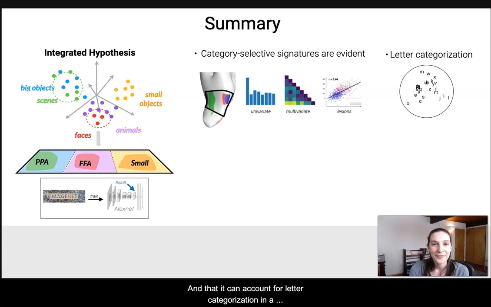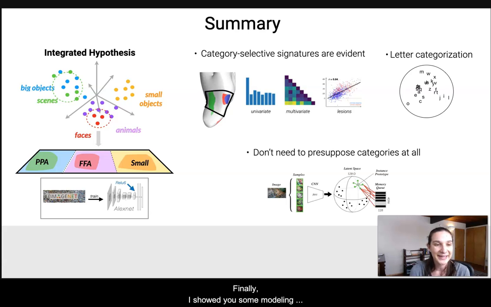And that it can account for letter categorization in a behavioral task. Finally, I showed you some modeling work that shows that you don't even need to presuppose categories at all to arrive at this integrated space. And that opens the door to learn over a much richer set of visual input.